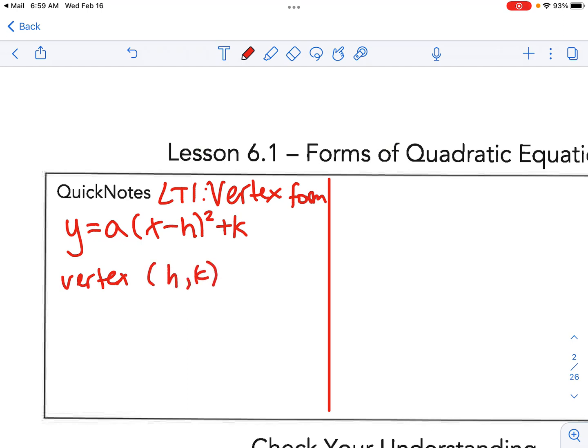You have to have the plus and minus in there. Your axis of symmetry is x equals h.